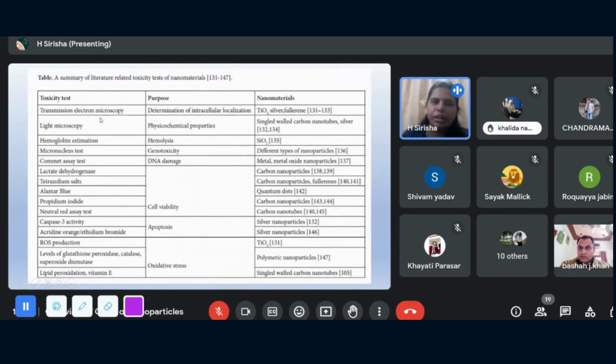Then this is the literature study of different toxicity of nanomaterials. Nanomaterials which are synthesized, such as titanium oxide and silver nanoparticles, can cause internal localization, and the test for it is TEM, an advanced microscope.